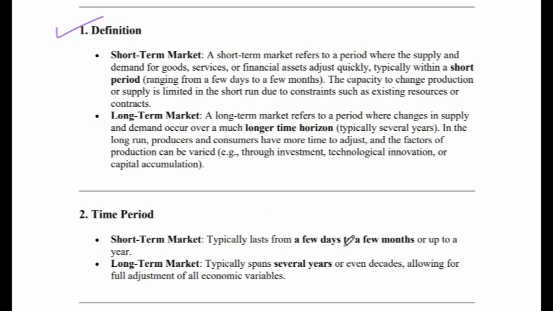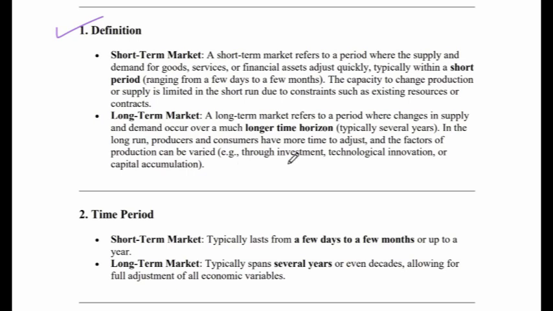But it will be more clear by looking at more examples. Okay, so a long-term market refers to a period where changes in supply and demand occur over a much longer time horizon. जो changes है supply और demand में वो बहुत लंबे समय के बाद दिखाई देता है, typically several years.